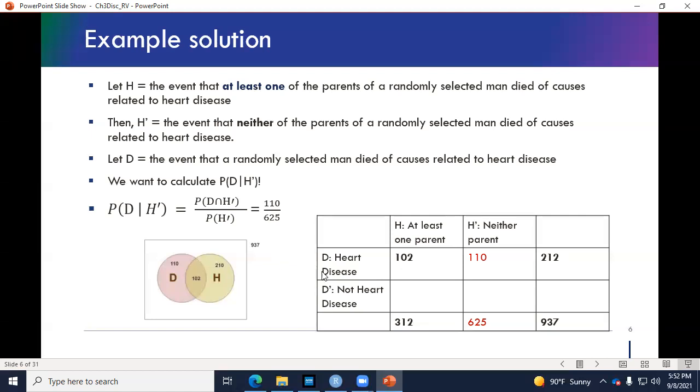And out of those people who died of heart disease, there are 102 of them who have at least one parent. Oh, sorry, let's ignore this first. This is the second number that I put on this table. So this is the first number you put there, this is the second one.